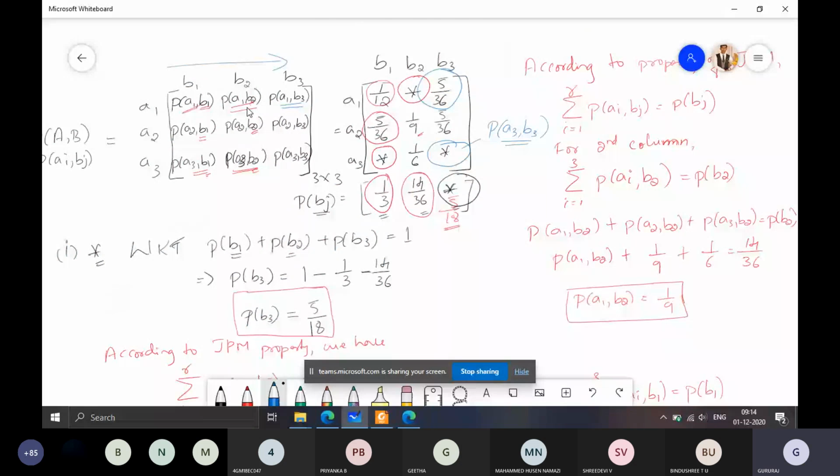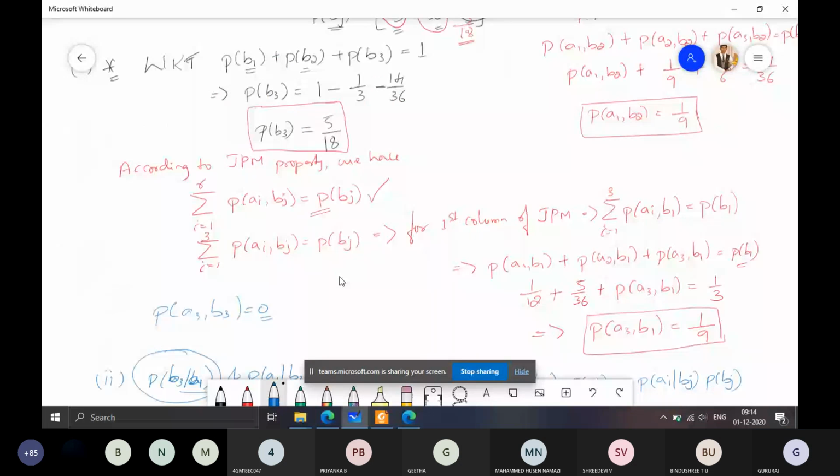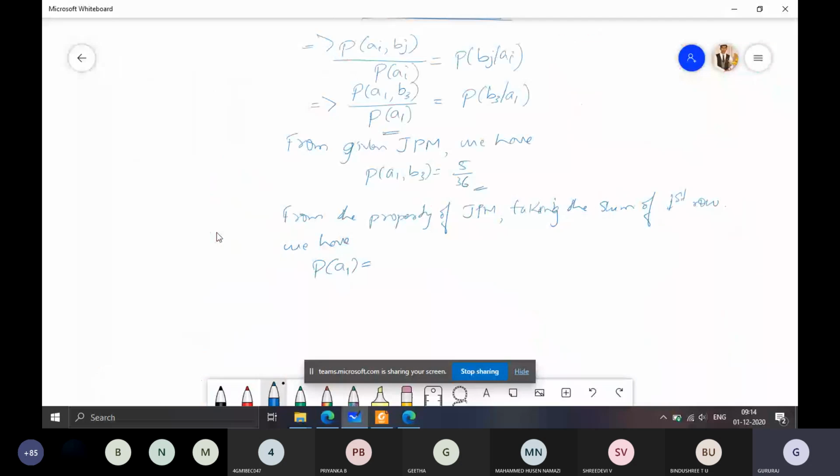Can you tell me the generalized property? Summation of P of AI comma Bj is equal to P of AI, where J ranges from 1 to S, which is equal to 3 for this example.